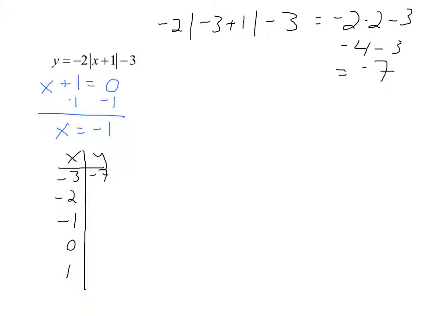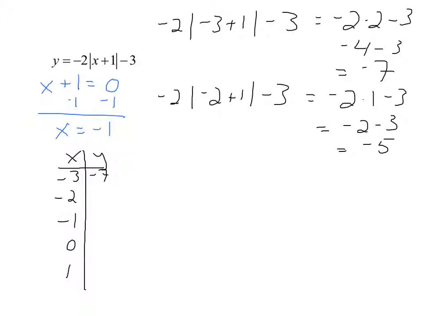If I put negative 2 in the equation, I have negative 2 times the absolute value of negative 2 plus 1, minus 3. Negative 2 plus 1 is negative 1. The absolute value of negative 1 is positive 1. So this equals negative 2 times 1 minus 3, which is negative 2 minus 3, which is negative 5.